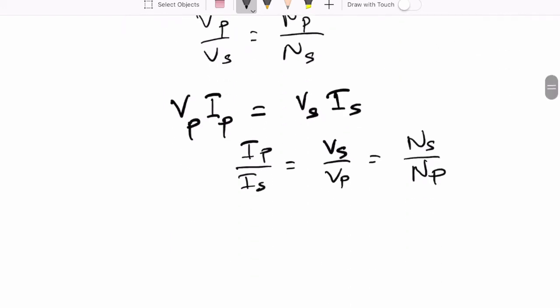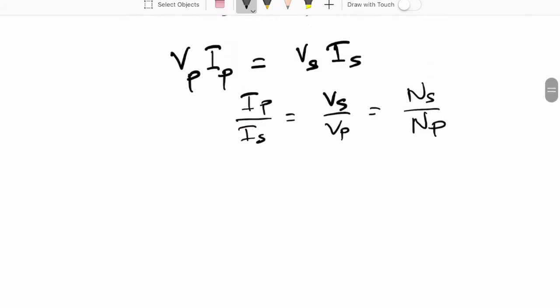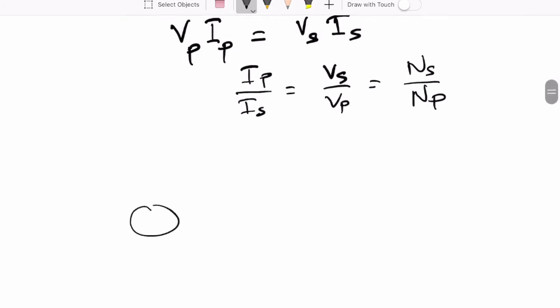Why is this useful? Suppose I have an AC source over here. Let's say that this is a 6-volt AC source. However, I have an appliance that needs 60 volts, right? I could use the 6-volt AC source to provide 60 volts.